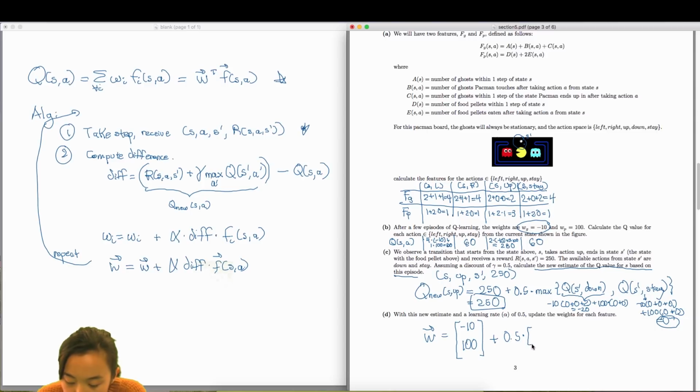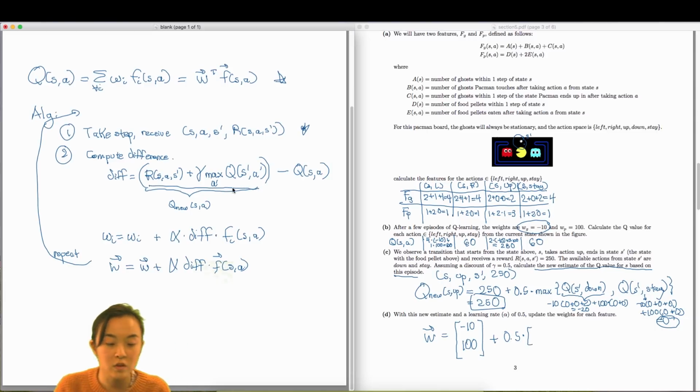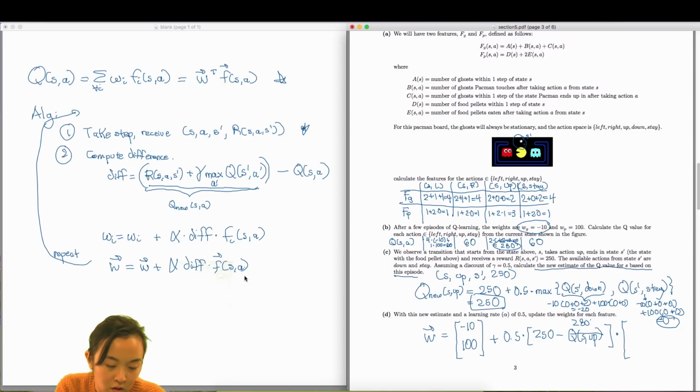We have already calculated part of the difference, right? We've already calculated this part here in the previous part of the question. So it's going to be 250 minus the Q value of state up. And we've already calculated this too, so it's just going to be 280. So that's the difference times the feature vector.